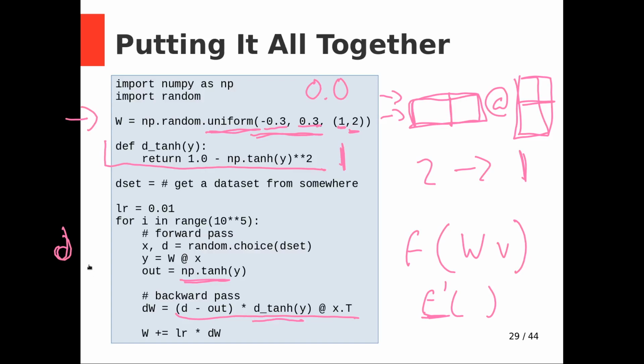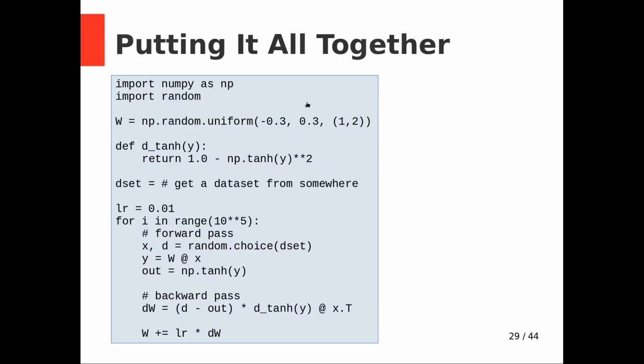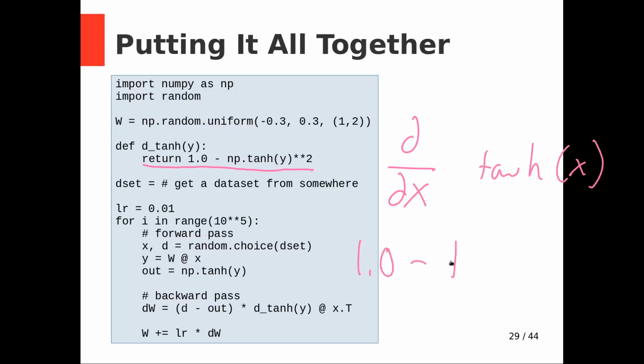Technically I think it's supposed to be a delta, right? But delta tan-h. And again, just as a fact that we're not really going to get into, but just recall from calculus, the derivative of tan-h of x is 1 minus tan-h of x squared, right?